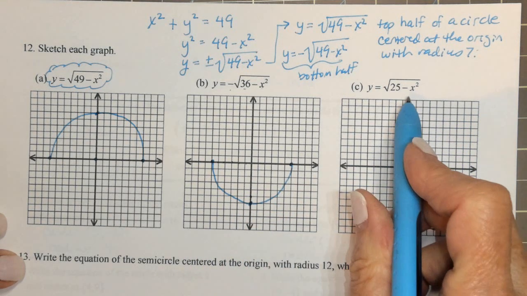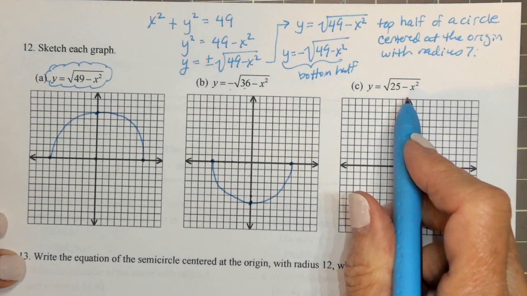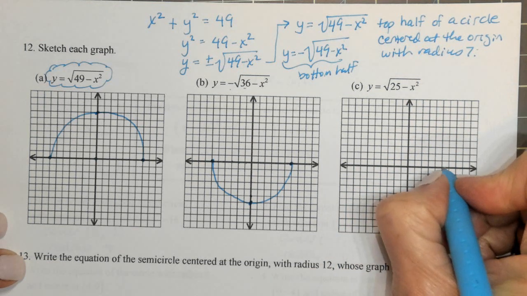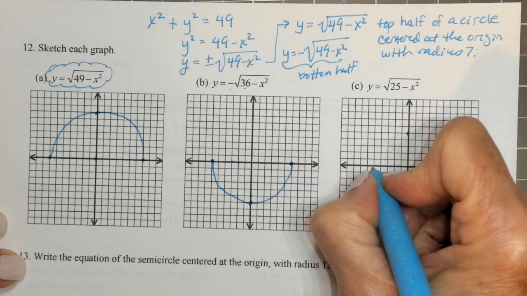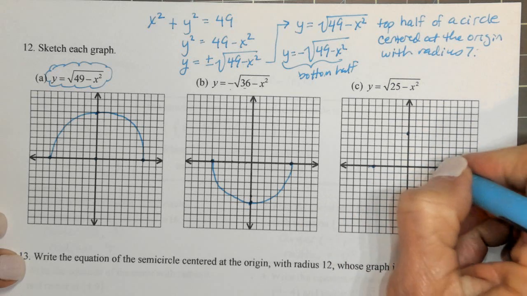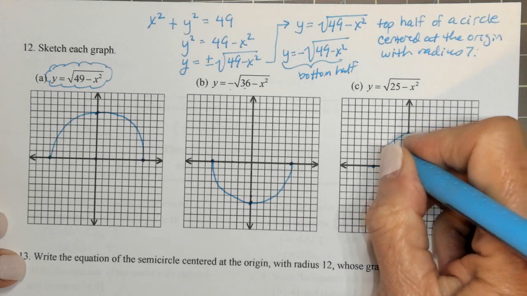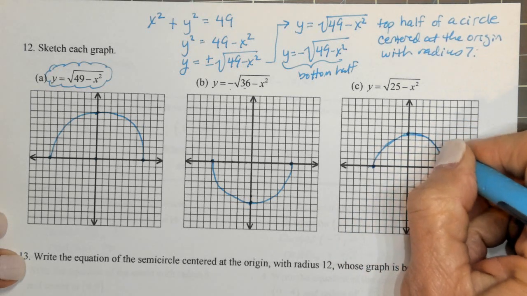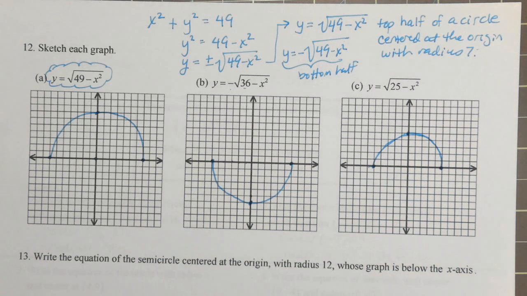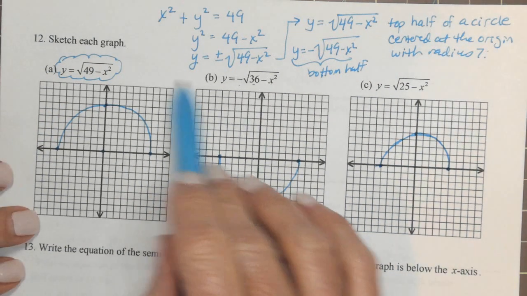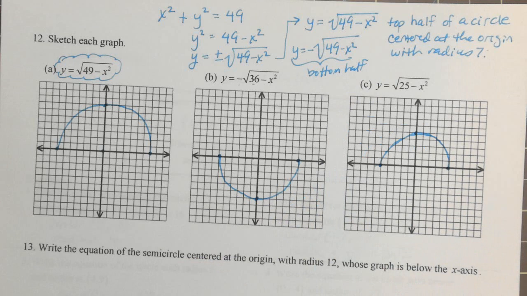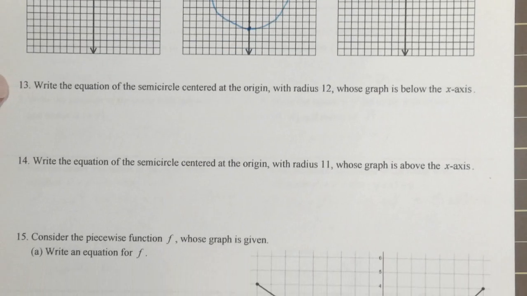And this would be the top half of a circle centered at the origin with radius 5. So 5, 5, and 5. Okay? All right, I need you to recognize that equation. That's pretty important for us.